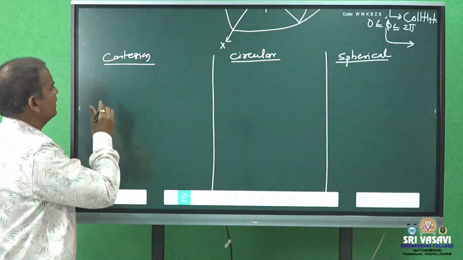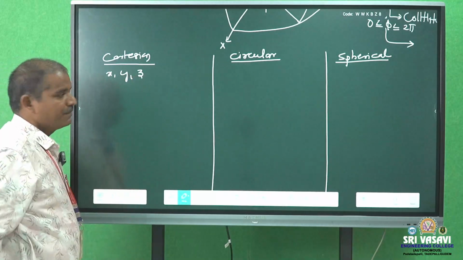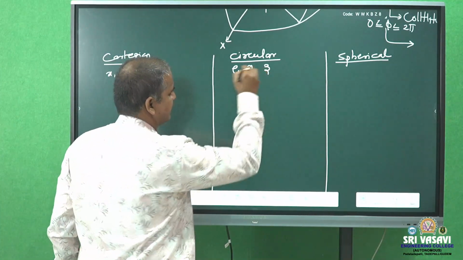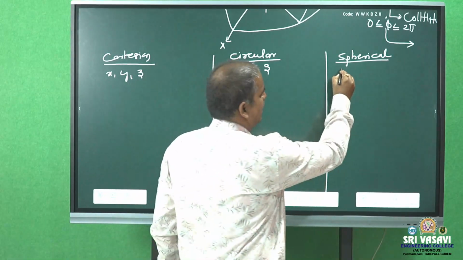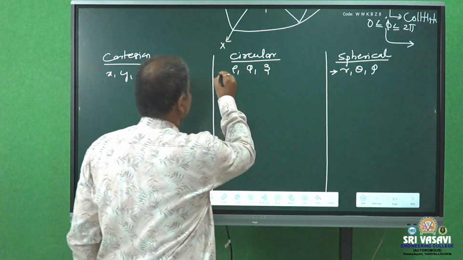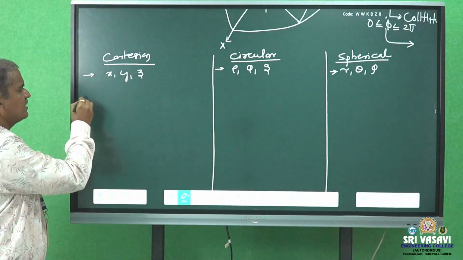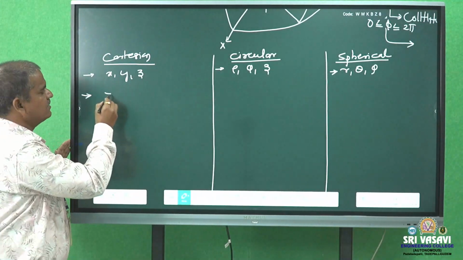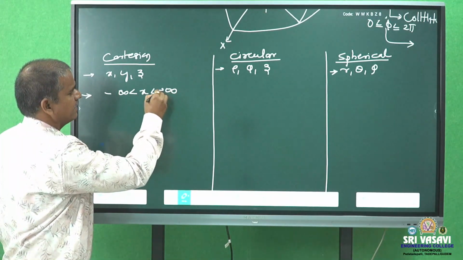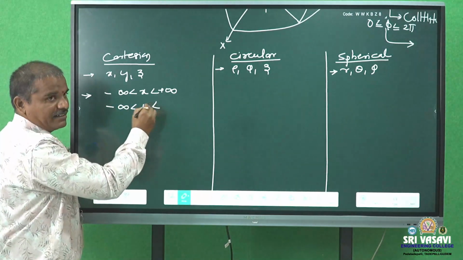For Cartesian, the variables are x, y, z. For circular, the variables are rho, phi, z. For spherical, r, theta, phi. So this is the first one. Then we represent the ranges: minus infinity less than x less than plus infinity. Next, minus infinity less than y less than infinity.